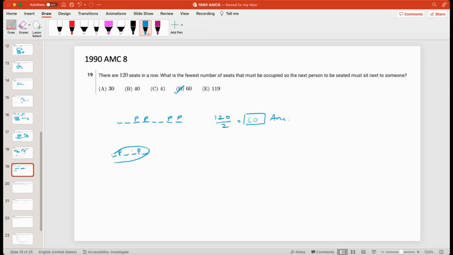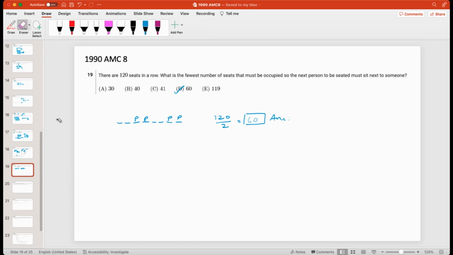This also is possible. So I will divide 120 by 3, which will give me 40. For every 3, there's only 1. But in this case, the next person to be seated must sit next to somebody. This is not satisfied, so that's why I'm not choosing this as the answer.